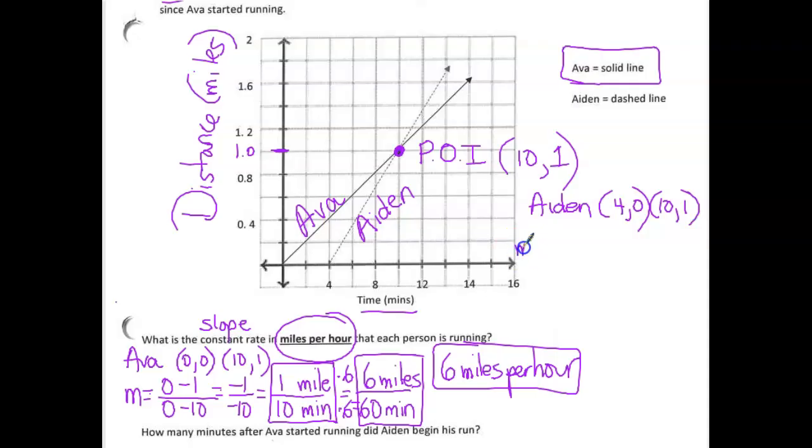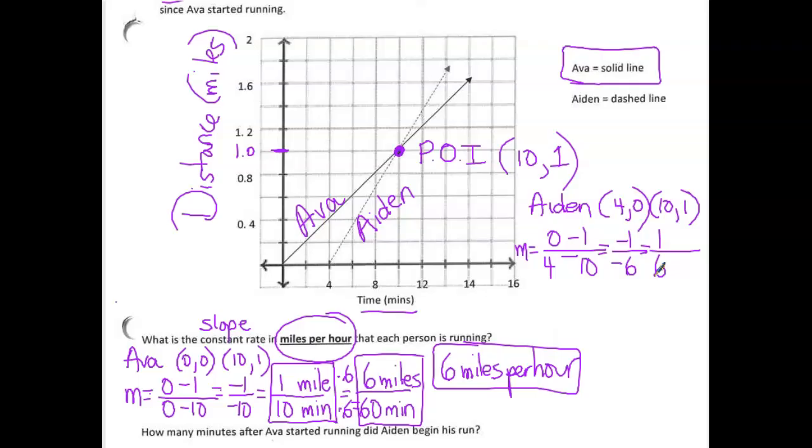I'm going to do the slope. When I do the slope, I'm going to subtract 0 minus 1 over 4 minus 10. In the numerator, I get negative 1. In the denominator, I get a negative 6. That is really 1 over 6.